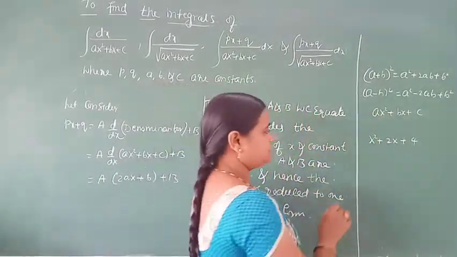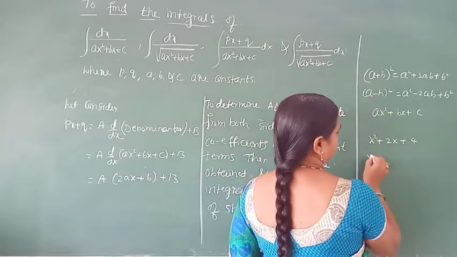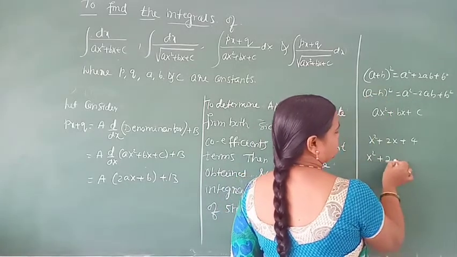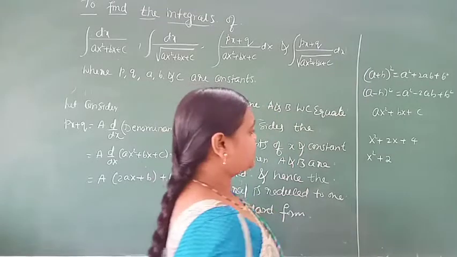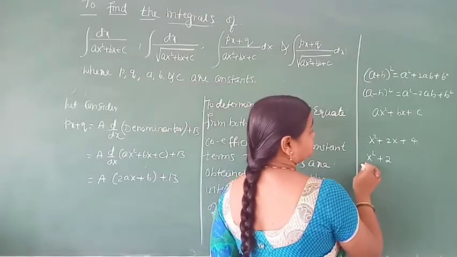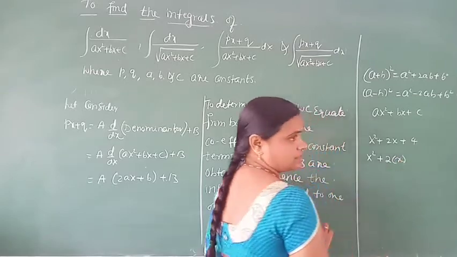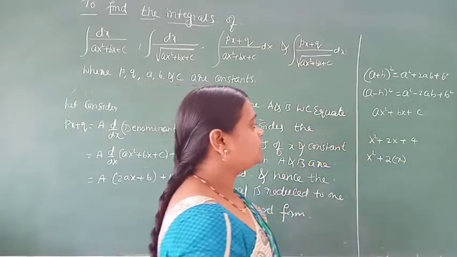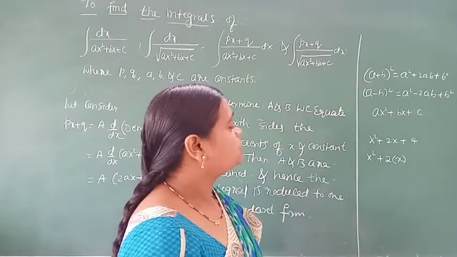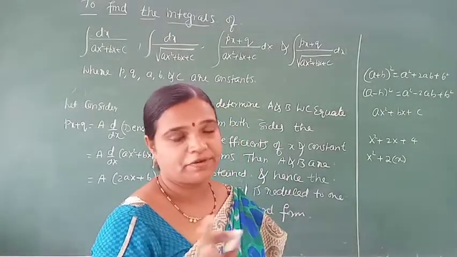Now convert this into the perfect square form. See, x square plus 2x; what is your a? a is x. But b is not mentioned, because x square plus 2x plus 4 is not a perfect square.